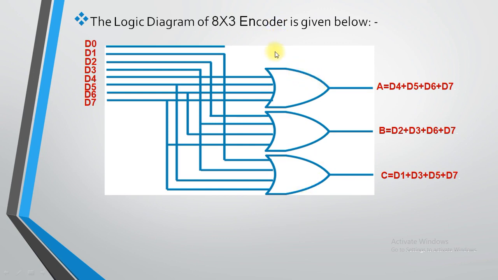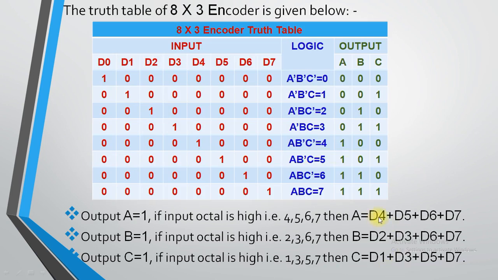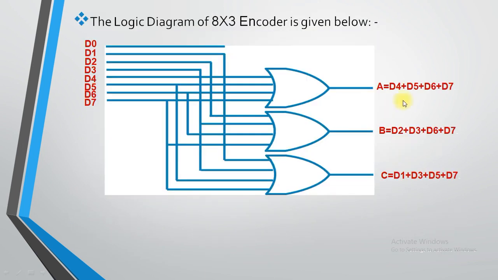But over here we have 3 outputs, so we need to draw 3 OR gates. We have used OR gates because the plus sign is there. Now what you need to do? Write A, B, C. Now whatever formula we have formed over here, 4, 5, 6, 7, that we need to write.